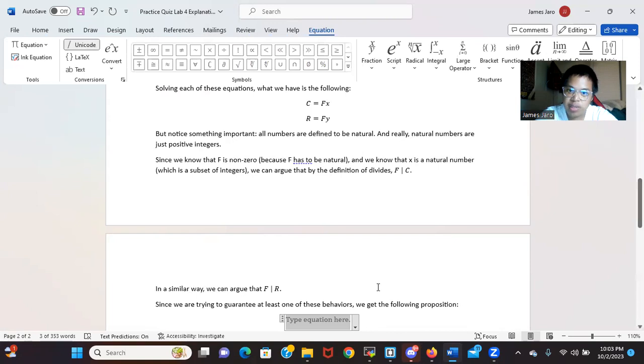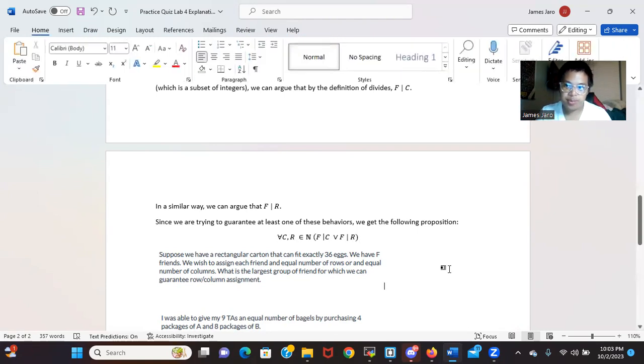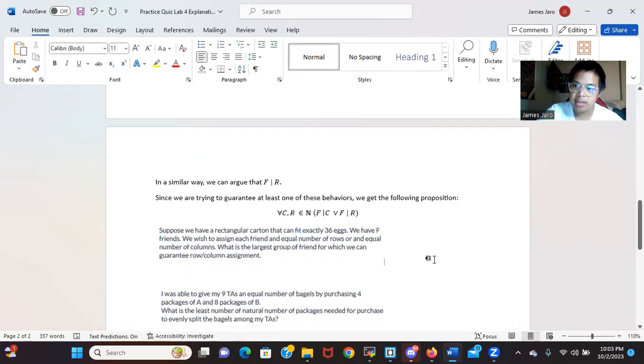Because we're trying to guarantee this no matter what C and R are, for all C and R in the set of natural numbers, F has to divide C or F has to divide R. One of those two behaviors has to appear in order for this question to be satisfied.